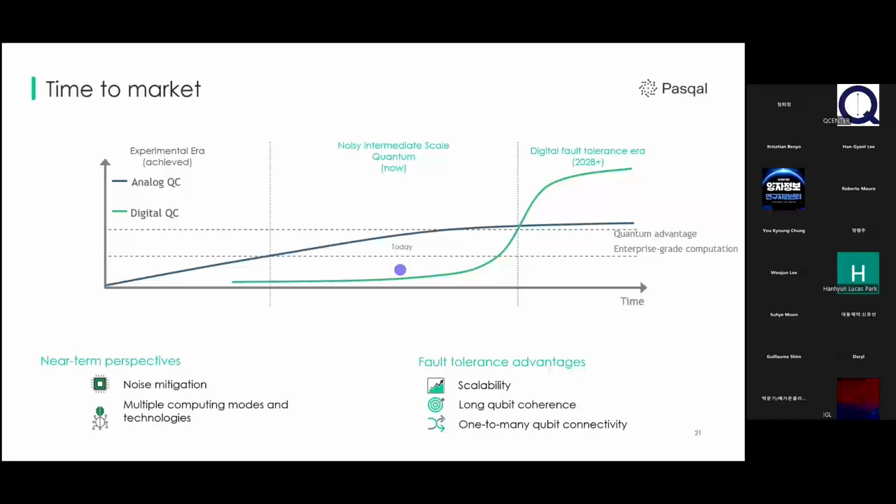This schematic representation introduces a few very interesting notions that everyone needs to be familiar with. Currently, and for the next 1 or 2 years at the very least, we live in what we call the NISQ era, the noisy intermediate scale quantum era.